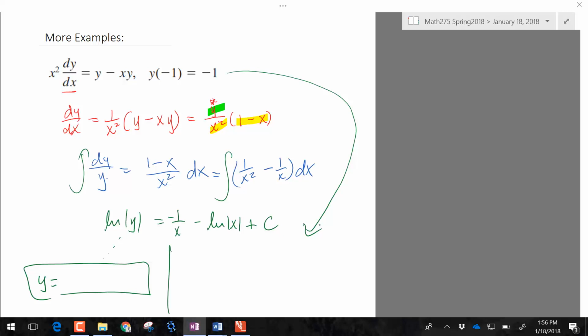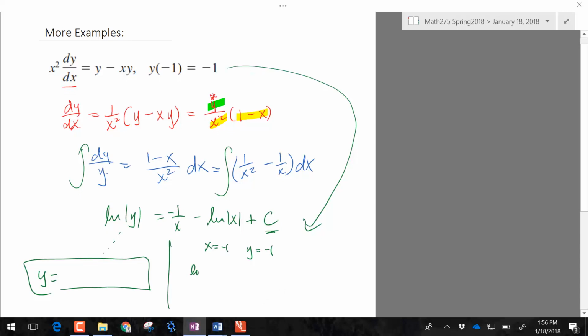Okay, so let's try that. Let's put in the value for x is equal to -1 and y is equal to -1 for this particular problem, and then solve for c here, and then put it back into c here, and then solve for y.